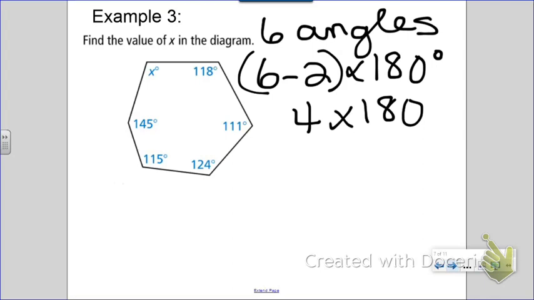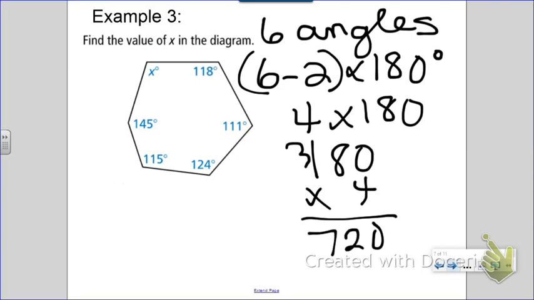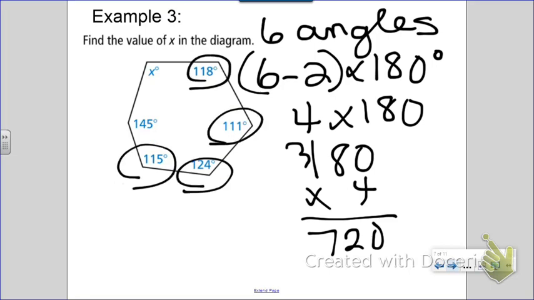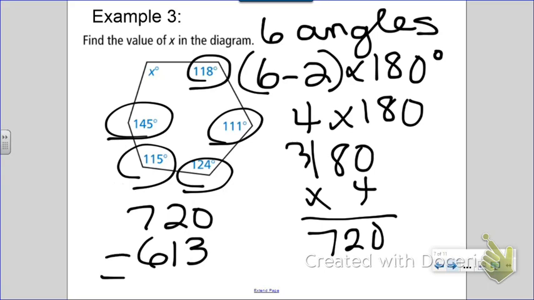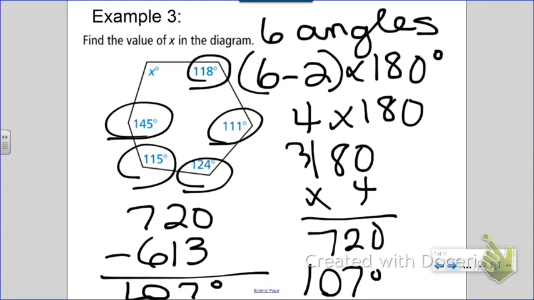If we multiply 180 times 4, we get 720 degrees. Add all of the other angles together and subtract from 720. The total of these is 613. Subtract from 720. We get 107 degrees equals x.